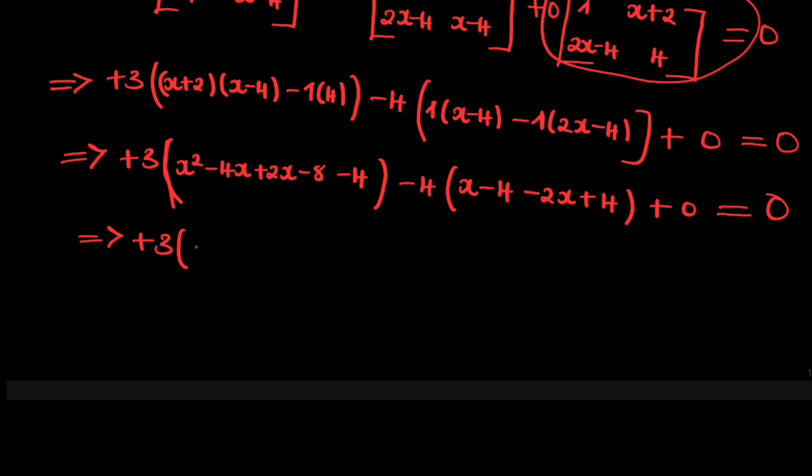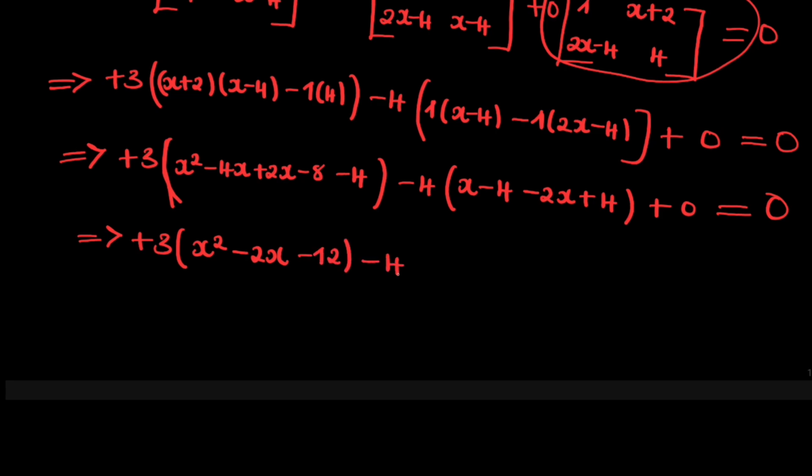So we have x squared minus 4x plus 2x. They are like terms, so we simplify it. So minus 2x. Now minus 8 minus 4, minus 12. Go to the next bracket.